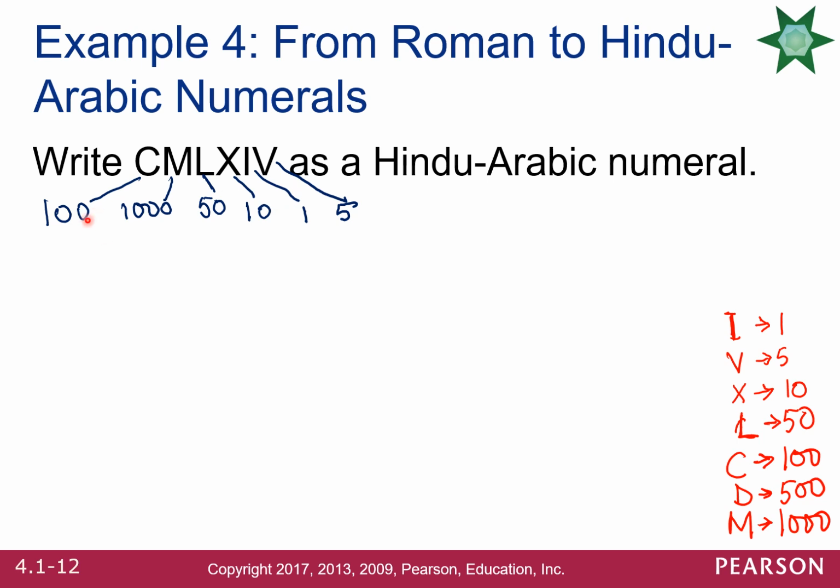I'll start with 100. So I see 100 is less than 1000. So this is less than. So whenever the numeral on the left is less than the numeral on the right, that would mean we have to subtract. And we will have to complete the subtraction first always before we add. So there is some kind of order of operation there.